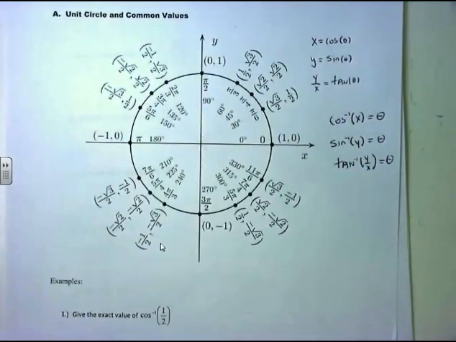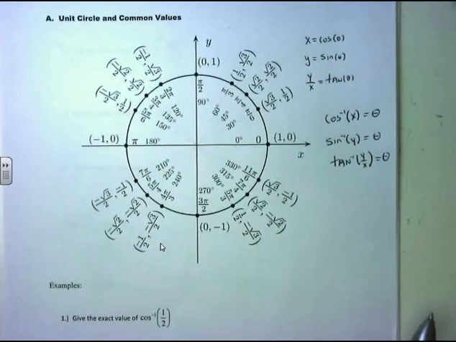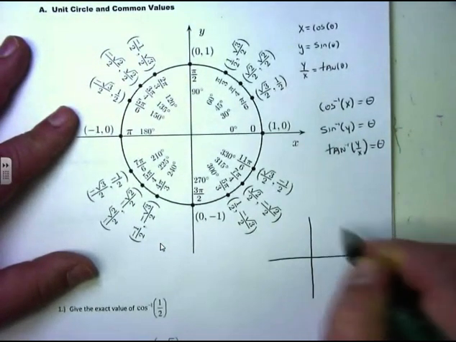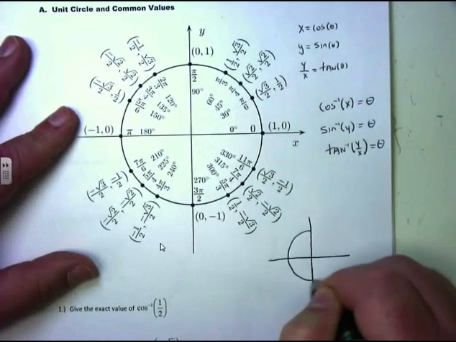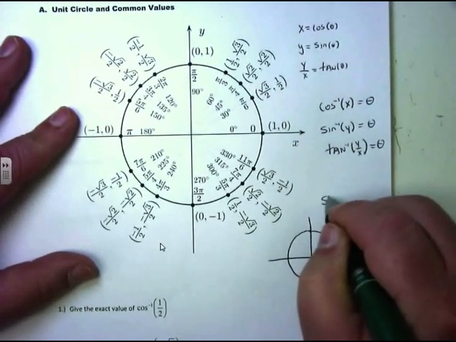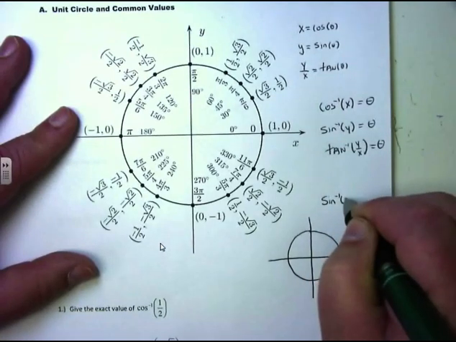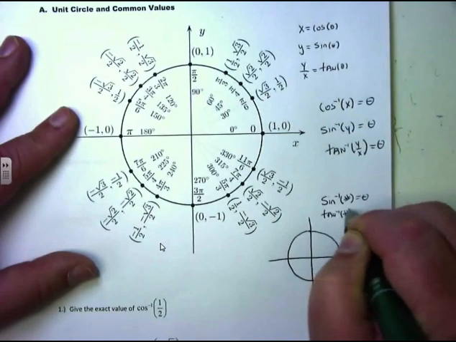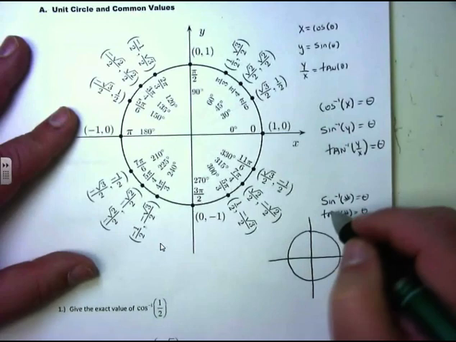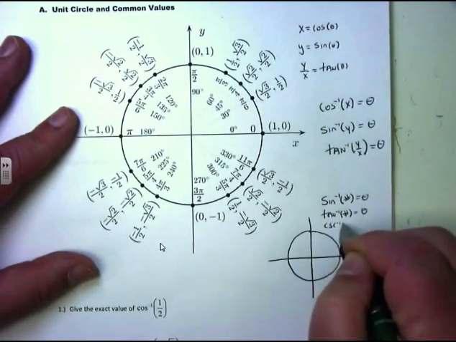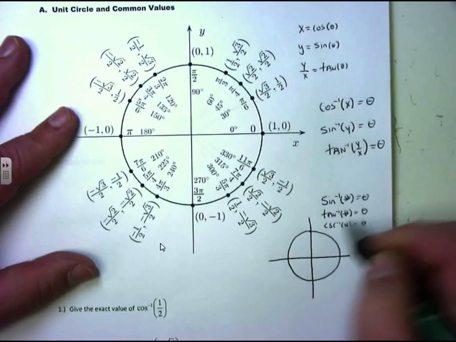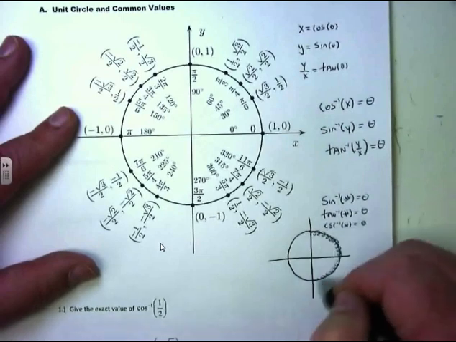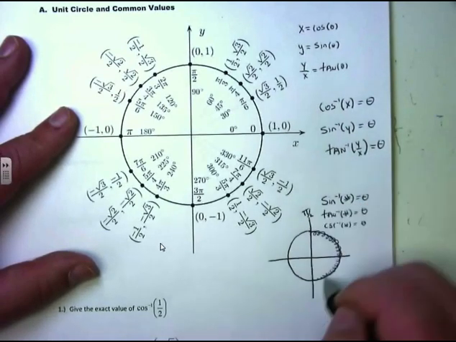So what we have to do here is this. We actually have to use what we call the restricted unit circle. When you're talking about doing the sine inverse of a number to get the angle back, or the tangent inverse of a number, or the cosecant inverse of a number, you've got to use the restricted unit circle of just the right half of the graph, between pi/2 and negative pi/2.